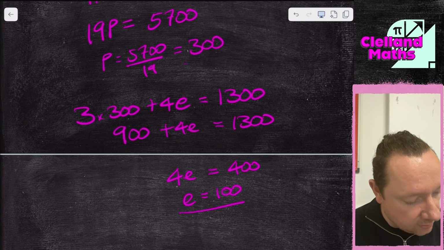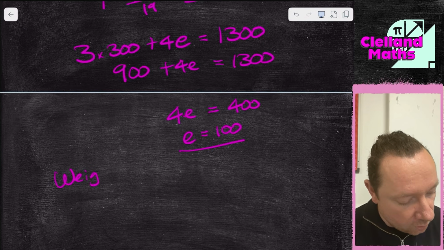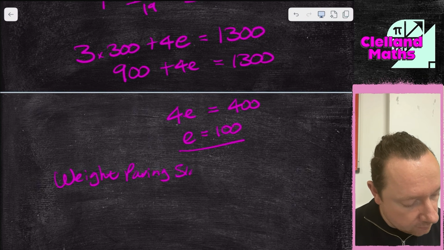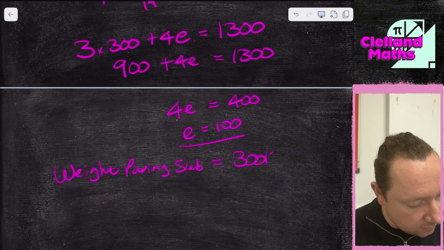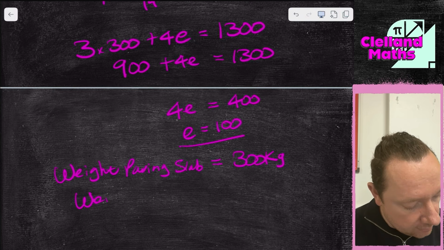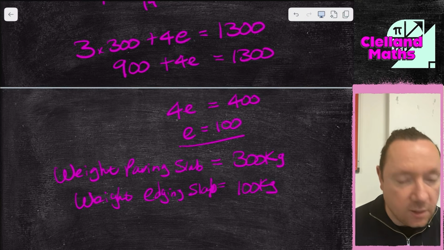Now I always like to answer it just to be on the safe side. So the weight of a paving slab is equal to 300 kilograms, and the weight of an edging slab equals 100 kilograms. But I've not actually answered the question yet.